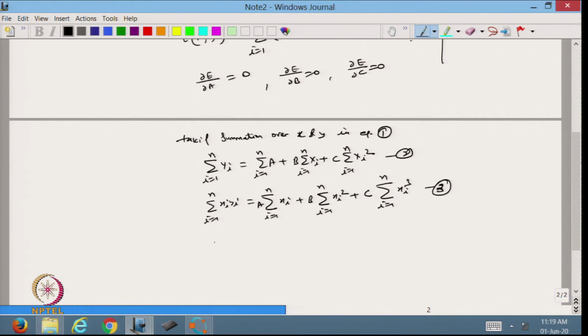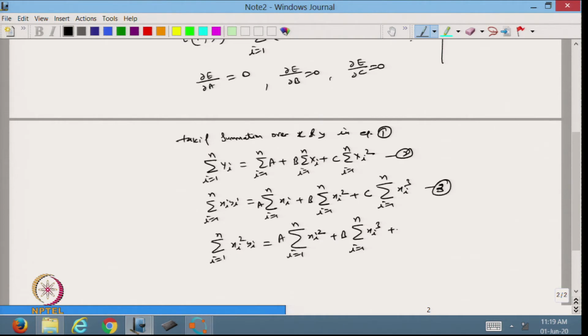Then multiply one more time with x. So I have summation xi square yi equal to A summation xi square, because I multiply by xi again, plus B summation xi cube plus C summation xi power 4, with i from 1 to n.